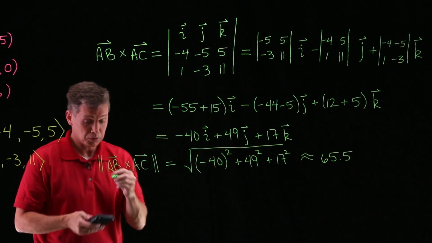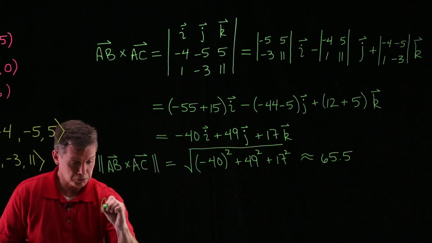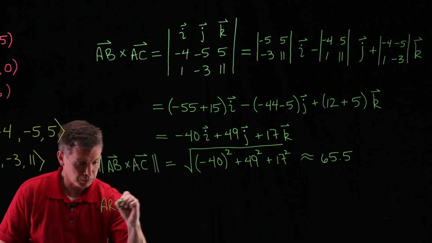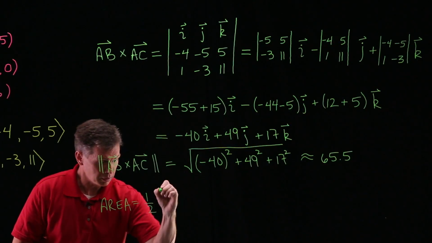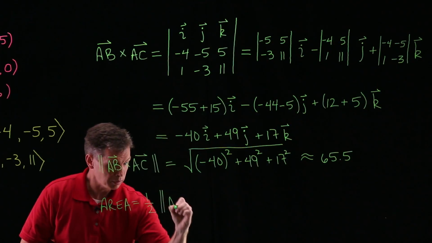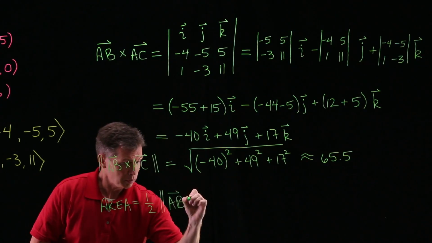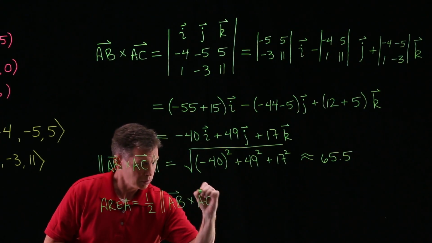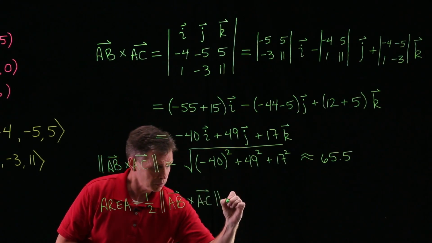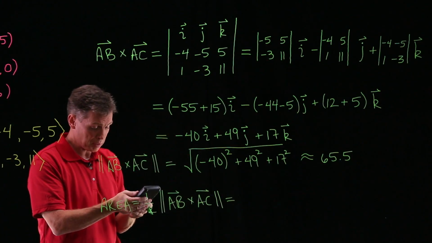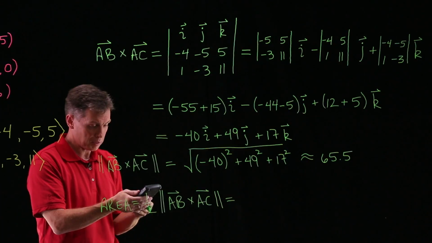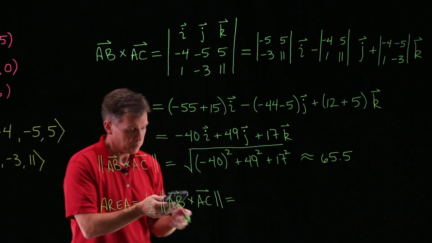And back to our process, we said that the area of the original triangle we're looking for will equal half of that. So we need 1/2 of that magnitude that we just found, AB cross AC, which means, I'm still holding on to my calculator, I'm just going to take half of that 65.5. So 65.5 divided by 2.